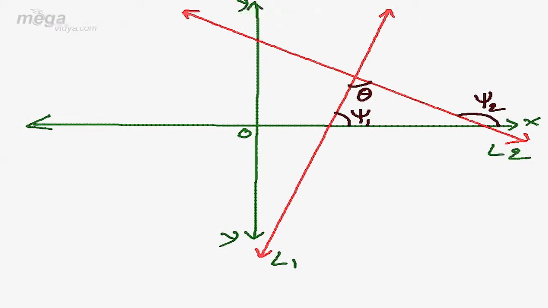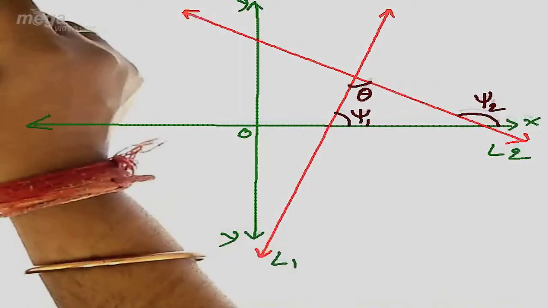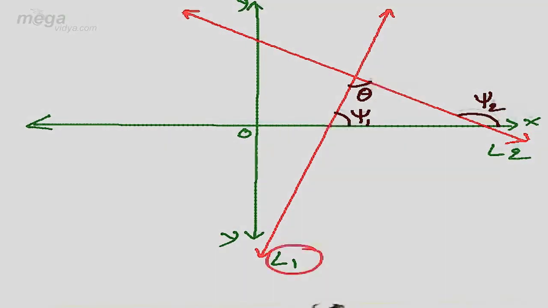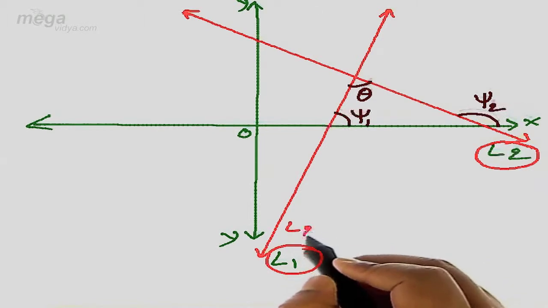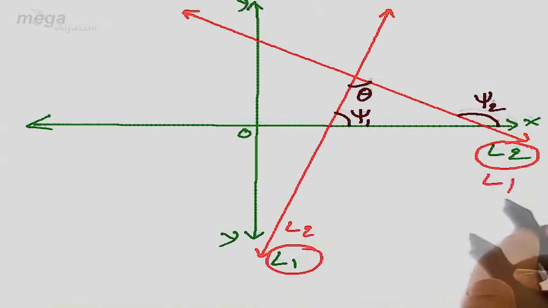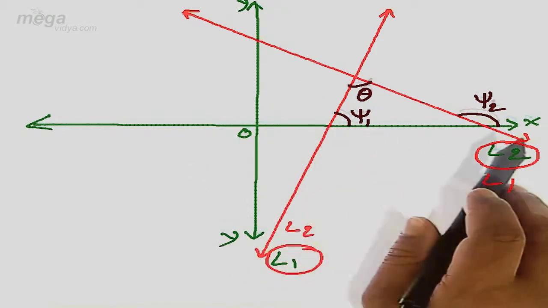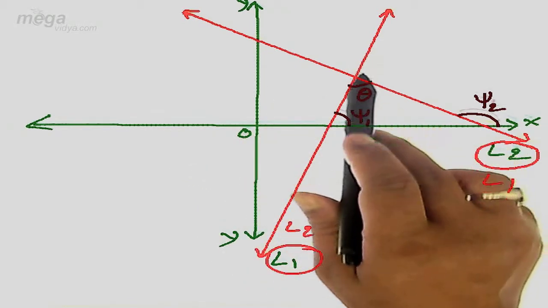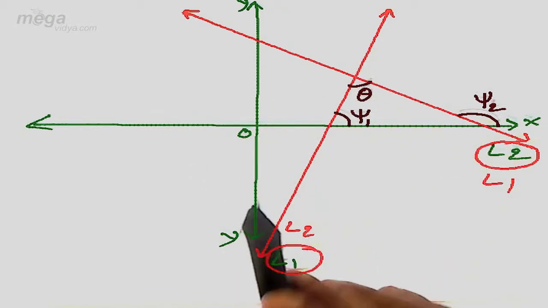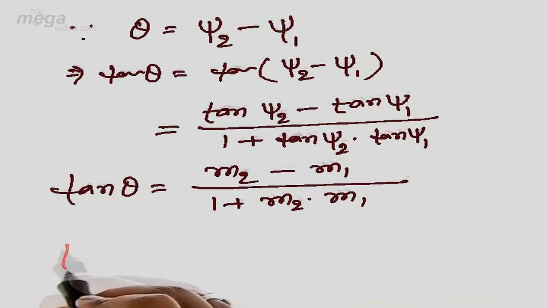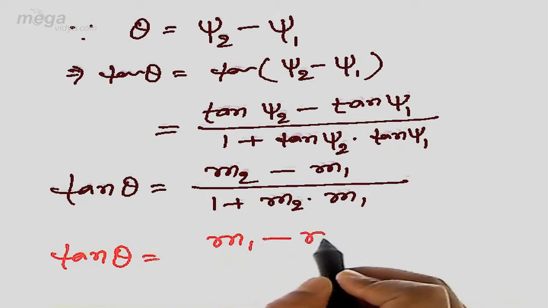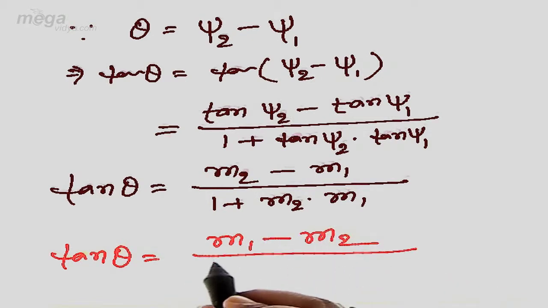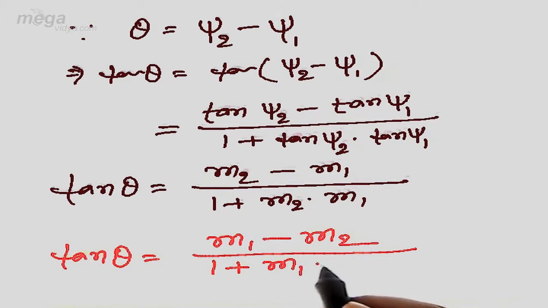But students, see, if we consider this L1 and this L2 as opposite lines, meaning this line as L2 and this line as L1, then the slope of this line becomes m1 and the slope of this line becomes m2. Then in that case, we will get tan theta is equal to (m1 minus m2) upon (1 plus m1 into m2).